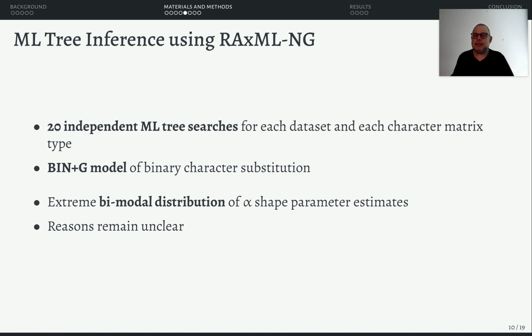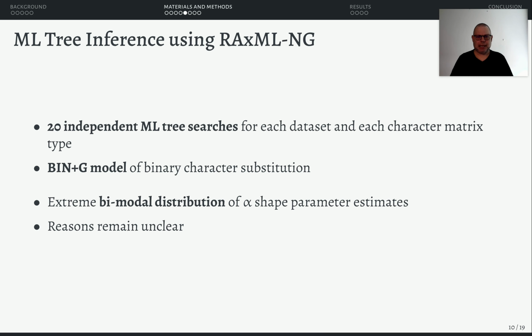And as a sanity check, we also conducted maximum likelihood tree inference. For that, we used the software RAxML Next Generation. So 20 independent maximum likelihood tree searches for each dataset, and also a continuous time Markov chain model over binary data.